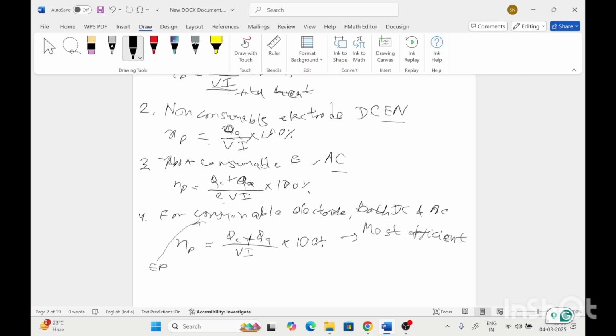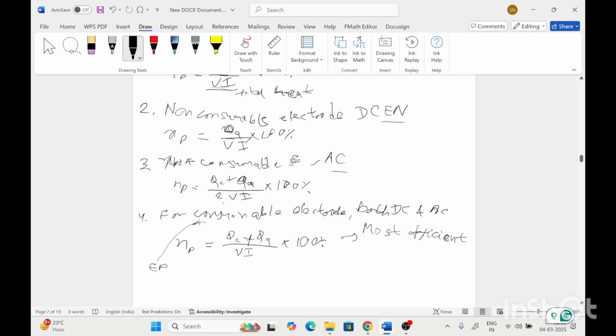And for the second case, in the non-consumable electrode DCEN, the heat efficiency is written as QA divided by VI into 100%. So we can see that for the electrode negative case, the heat efficiency is higher than the electrode positive DCEP.